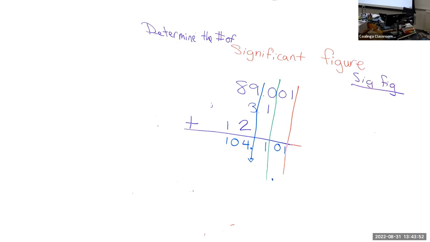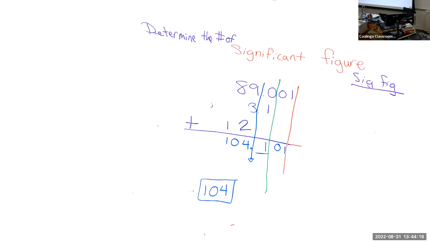So we take the number right after that to determine whether we're going to round up or round down. Since this guy is a 1, what are we going to do? Round down. So it's going to be 4. You guys see that?